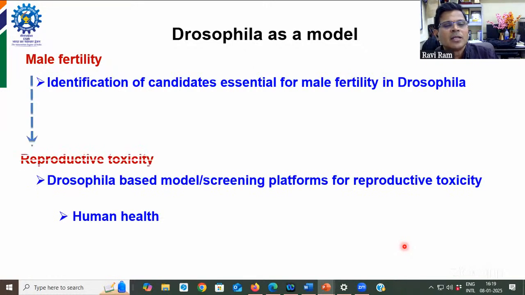Then I'll talk about how we translated this into a Drosophila-based model for male reproductive toxicity, from the perspective of human health. So let me go with the first one, which is male fertility.